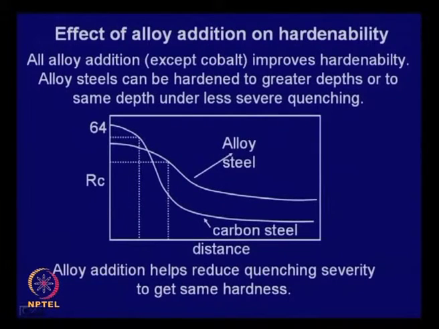Now, regarding the effect of alloy addition on hardenability, with the exception of cobalt, all alloy elements improve hardenability. But hardness depends primarily on carbon content, which is shown in this plot. Suppose this is a carbon steel which has relatively low hardenability. If you look at the Jominy hardness plot, this is the surface hardness.